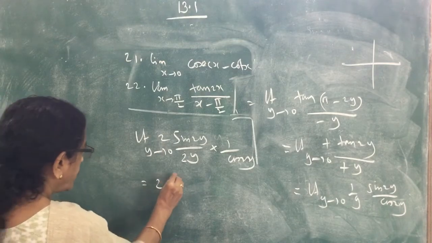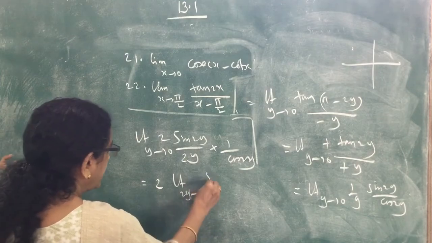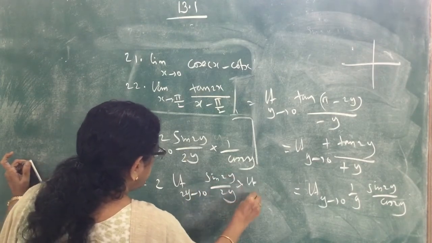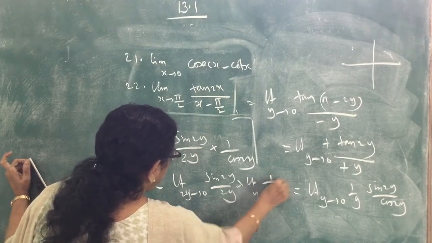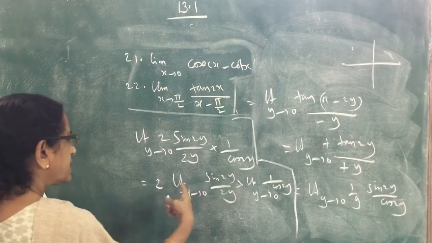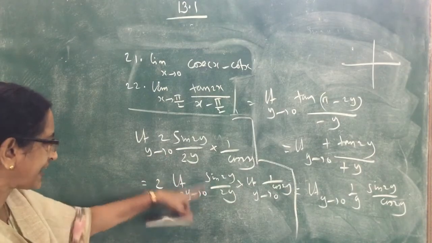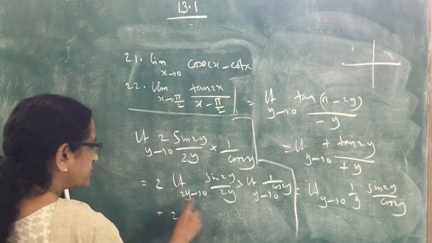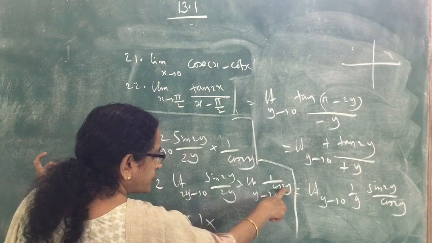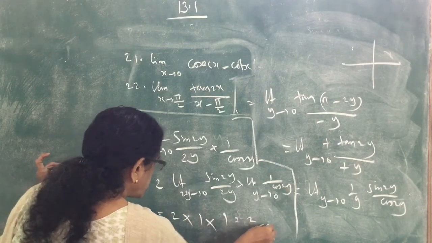So 2 into limit y tends to 0, where 2y also tends to 0, of sin 2y divided by 2y, into limit y tends to 0 of 1 by cos 2y. This limit is 1, and cos 0 is 1, so 1 by 1 is 1. So that is equal to 2.